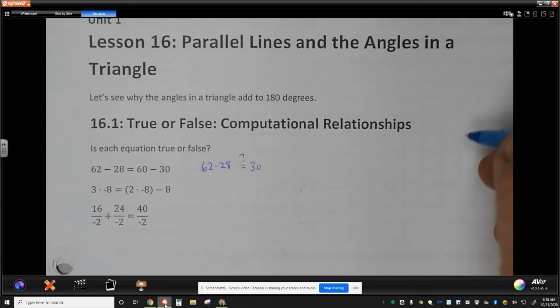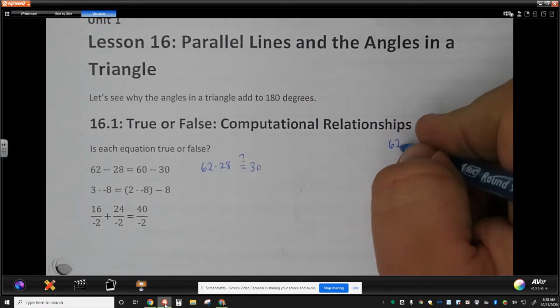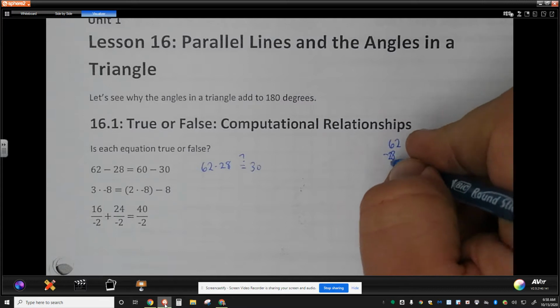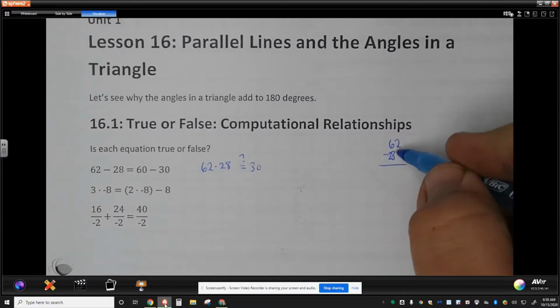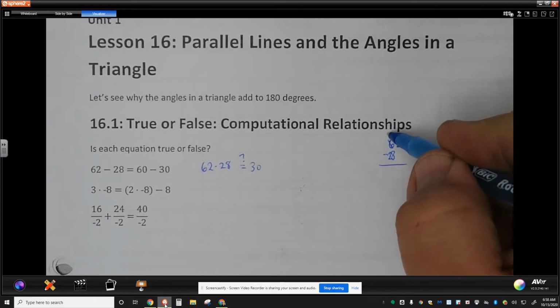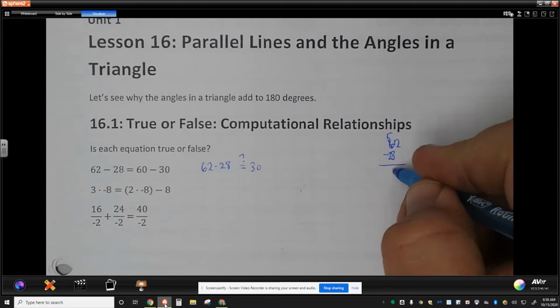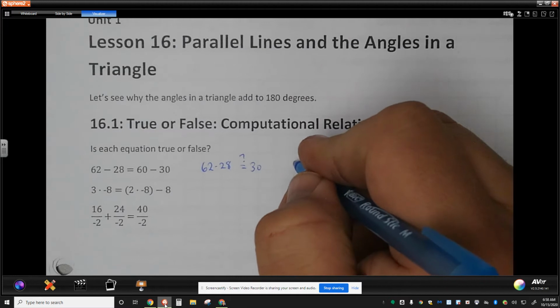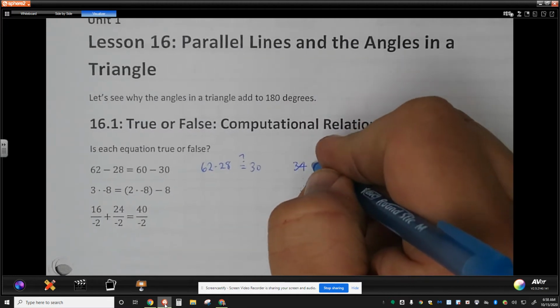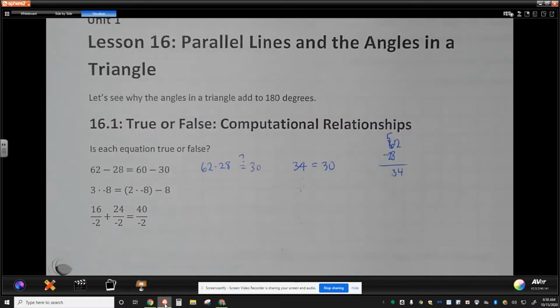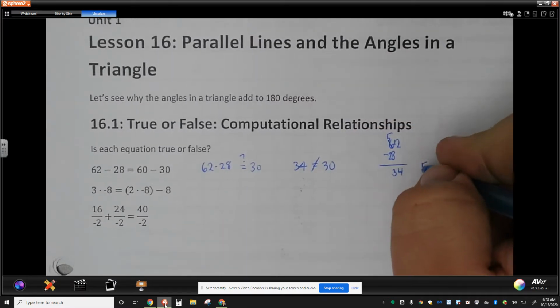You can use the standard algorithm. 62 minus 28, 8 from 2, regroup your 5, and we find out that this statement actually claims that 34 is equal to 30. We know that to be a false statement, not equal, so we would call this one false.